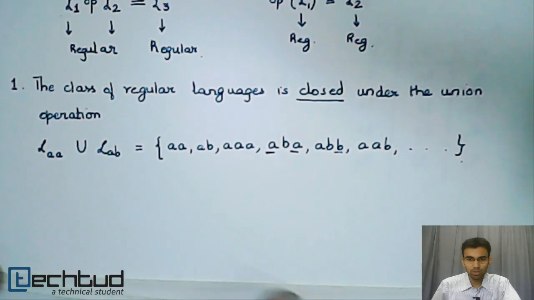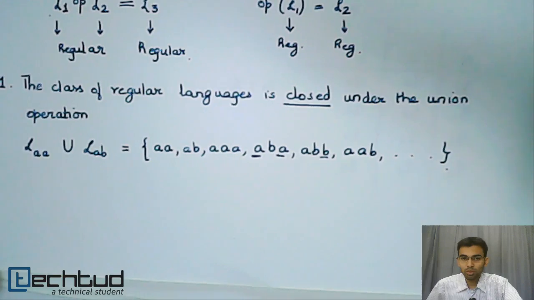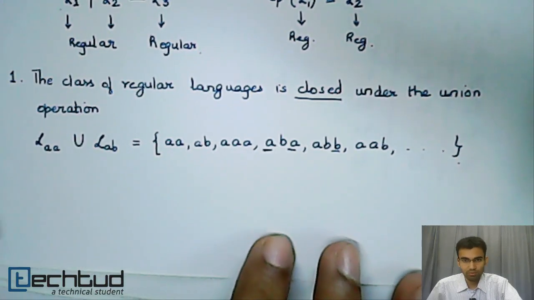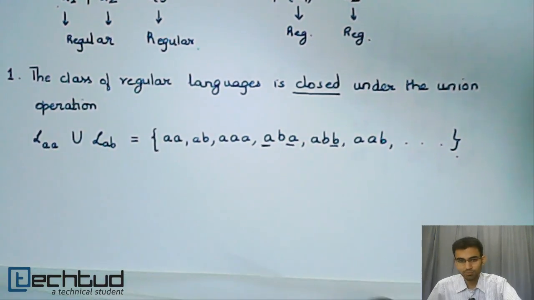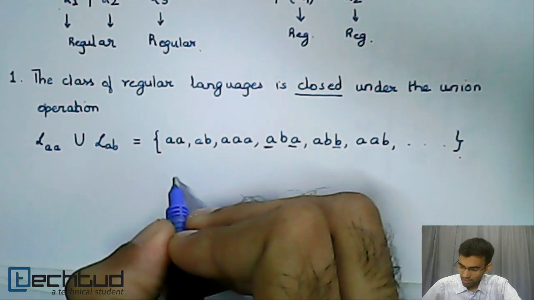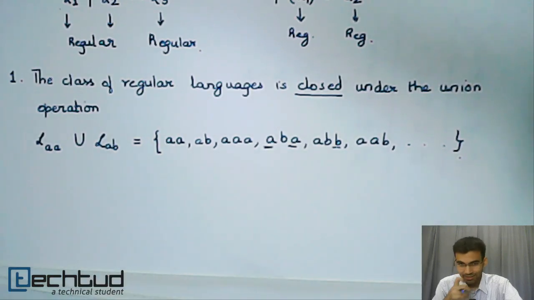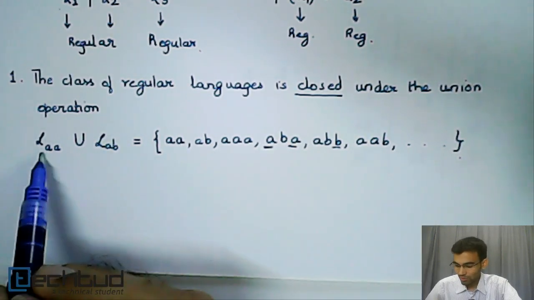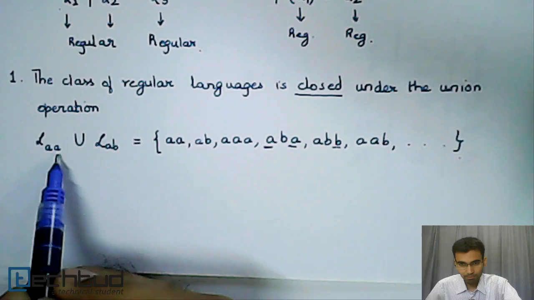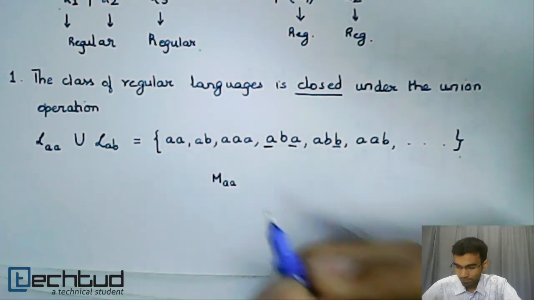Let's not go into the formal proof of the closure property, but look at it from a more intuitive perspective of drawing a finite automaton. Say we had a machine, an NFA or a DFA, that accepts the language LAA. Let's call it MAA.